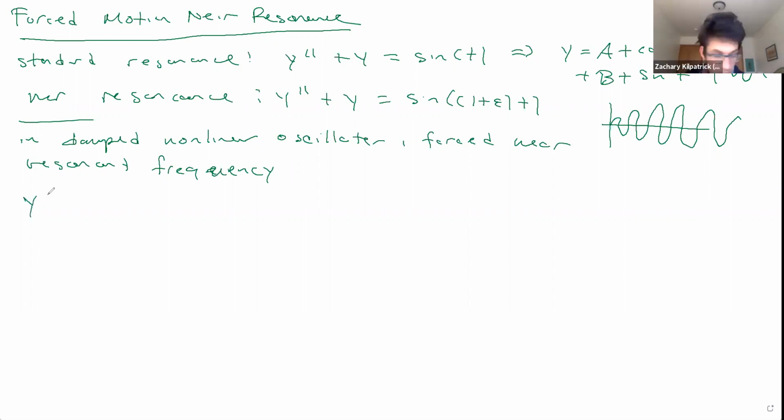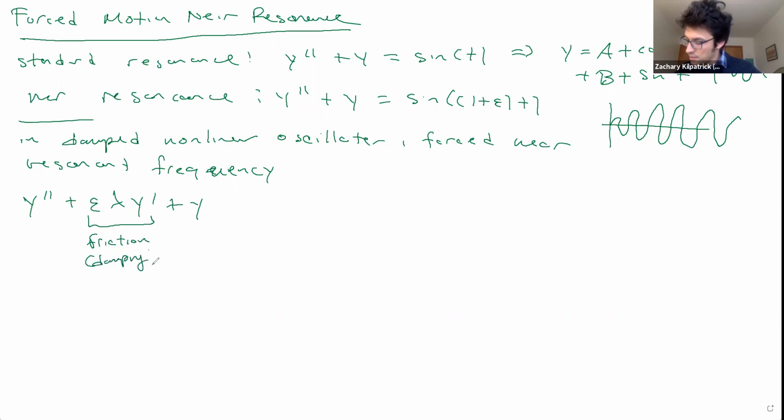And so we're going to take, for concreteness, this nonlinear oscillator, y prime prime plus epsilon lambda y prime. That's going to be our friction term here, or damping, plus y plus now epsilon kappa y cubed, which is going to cause there to be some nonlinear response.